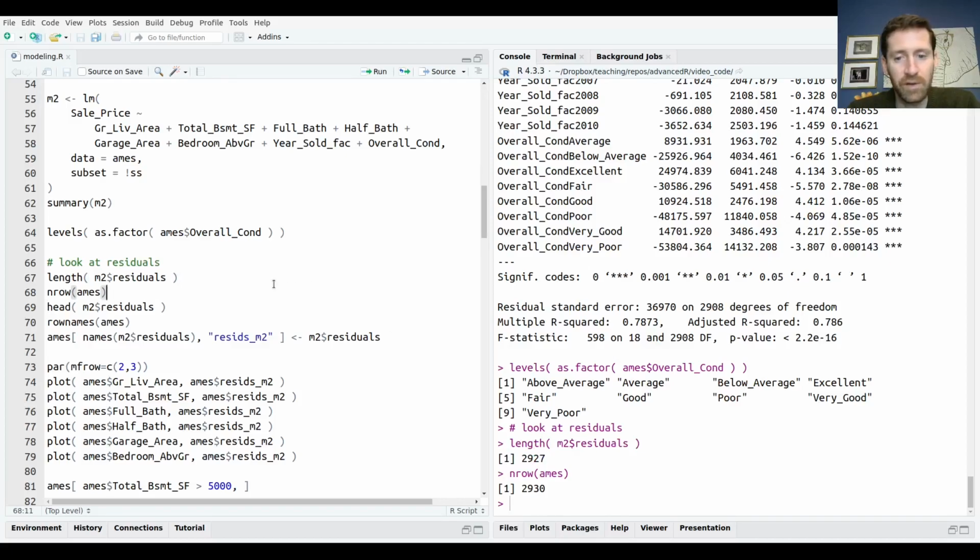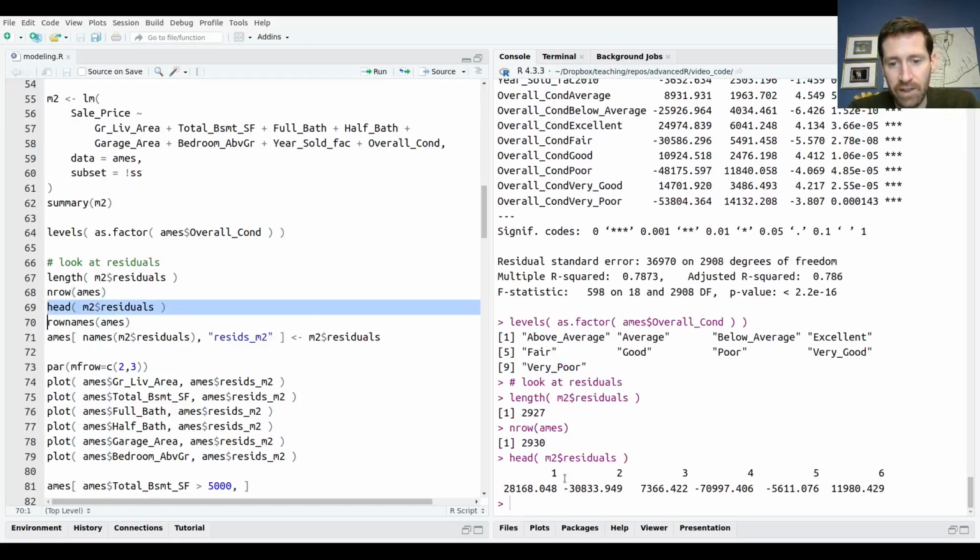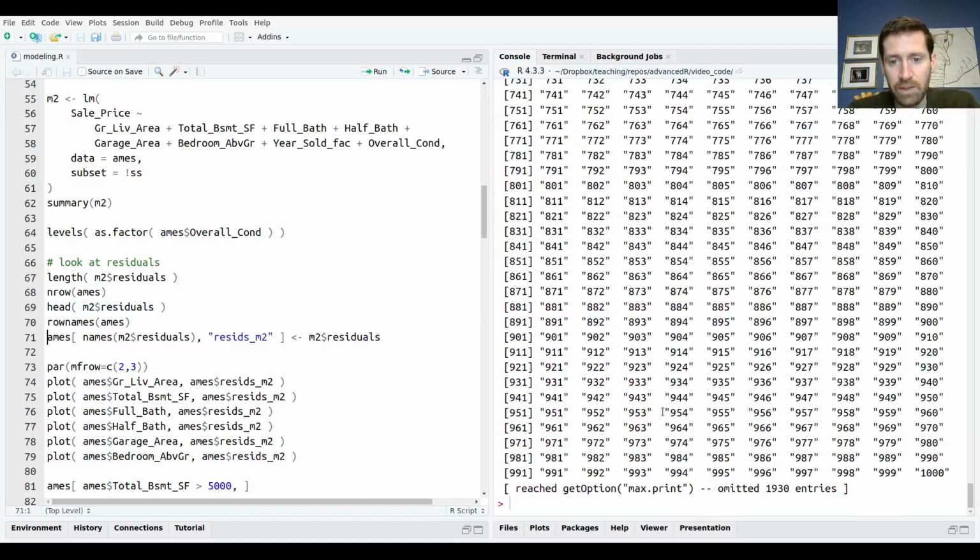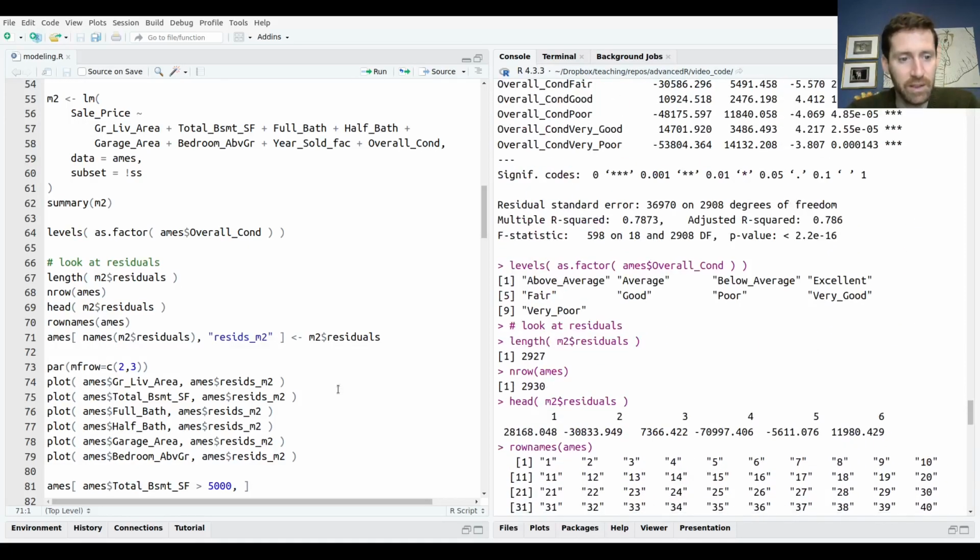So the question is, if you want to make a plot of residuals against other variables in the model, you have to know how to match them up. But thankfully, the residual object names each value using the row names from the original data set. And the row names are just numbered 1 through, what was the number? 2930.